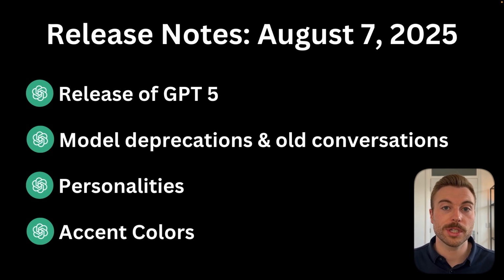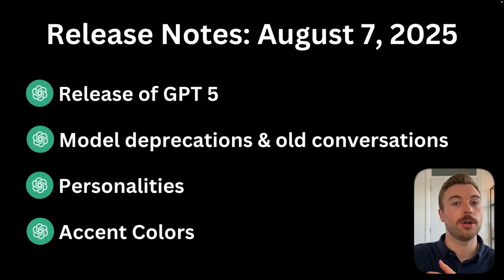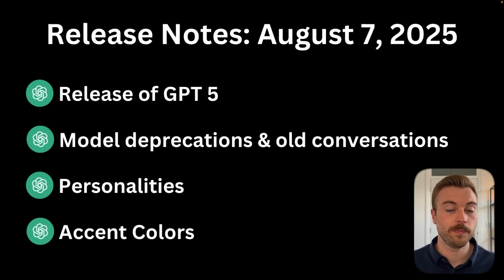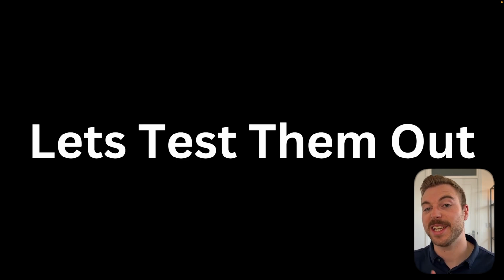All of your old conversations are going to stay readily accessible in your account, but it's going to shift it from if it was on a ChatGPT 4.0 conversation model onto ChatGPT 5 for every conversation point thereon after. We also got 4 brand new personalities that came through, and we can now do some personalization with some accent colors in the actual chat interface as well. So let's go through and test them out and see exactly how they're performing and what the big difference is.